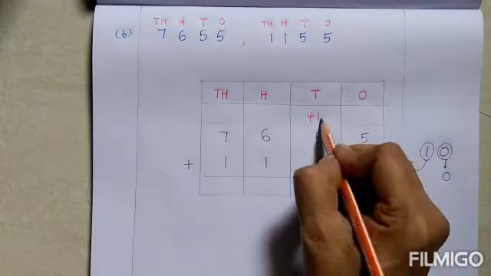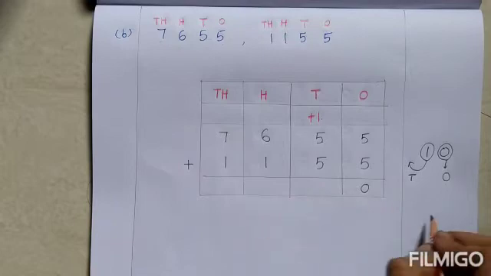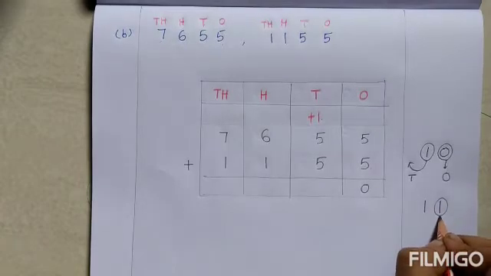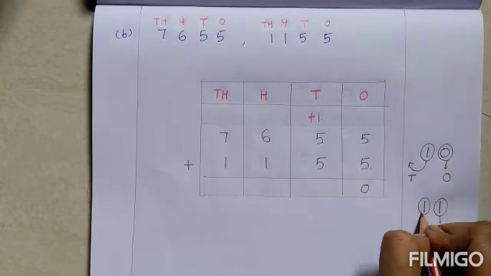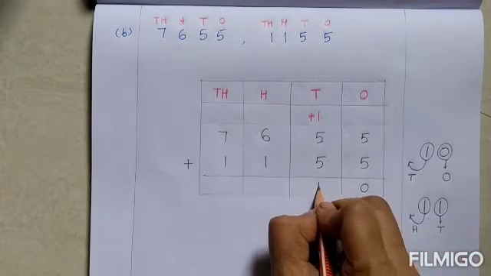Now add 1 plus 5 is 6, 6 plus 5 is 11. Now again 2 digits are coming, 11. So the first digit will go to the tens place, and the other will carry forward to the hundreds column. Now first write this 1 in tens place.